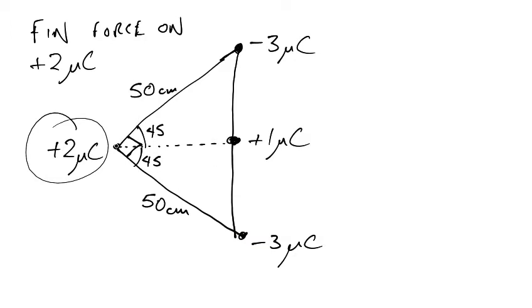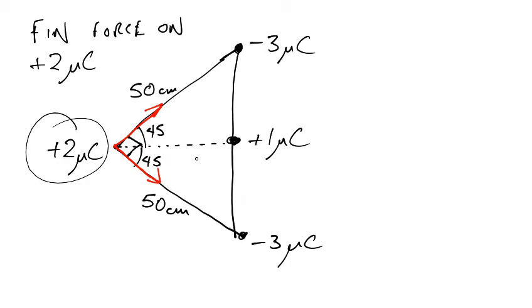We're going to notice that there is going to be a force of attraction because this is positive and this is negative. So there is going to be attraction here. There's also going to be an equal amount of attraction force here. And you notice the symmetry. Okay, so the distances and the angles and the charges.